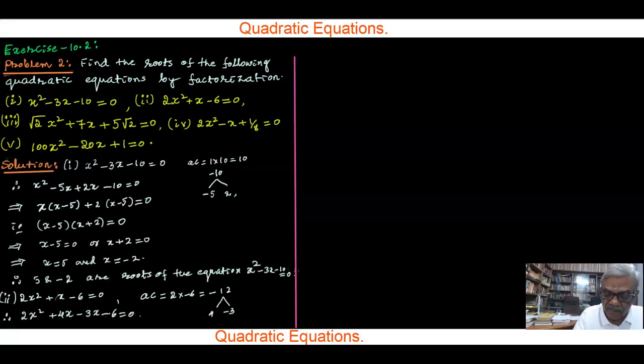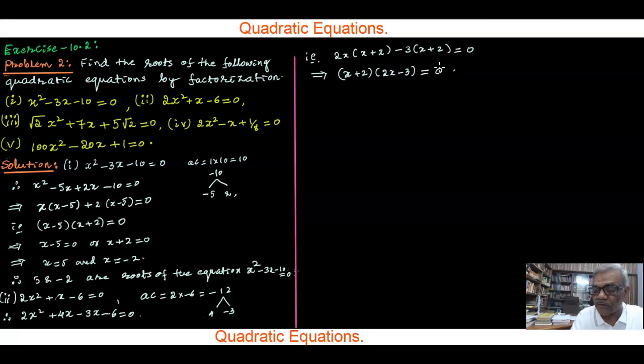Now you can see here that is 2x into x plus 2 minus 3 into x plus 2 is equal to 0. That is x plus 2 into 2x minus 3 equal to 0.